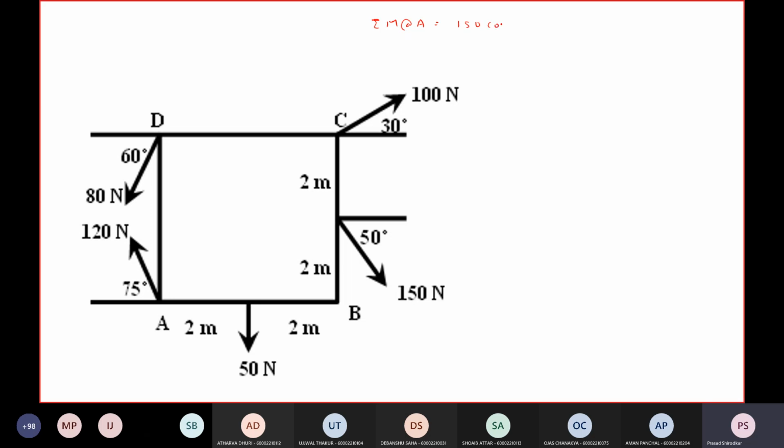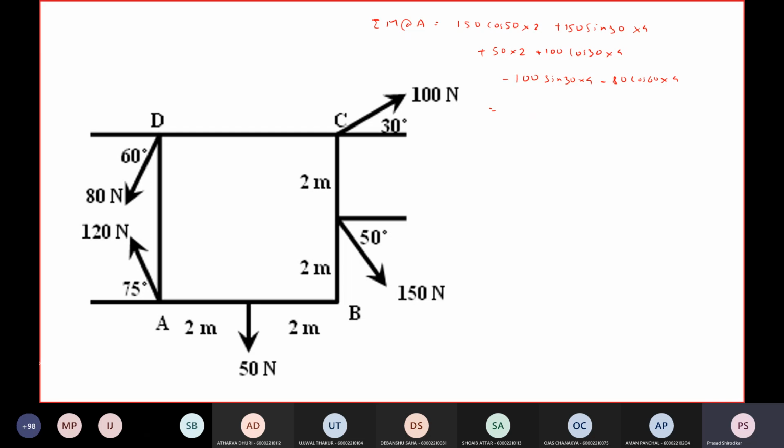150 cos 50 into 2 plus 150 sin 30 into 4 plus 50 into 2 plus 100 cos 30 into 4 root 2, 100 sin 30 into 4 minus 80 cos 60 into 4.